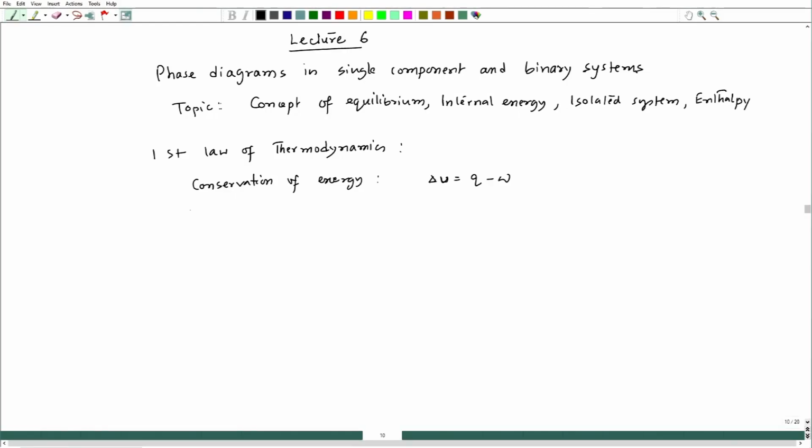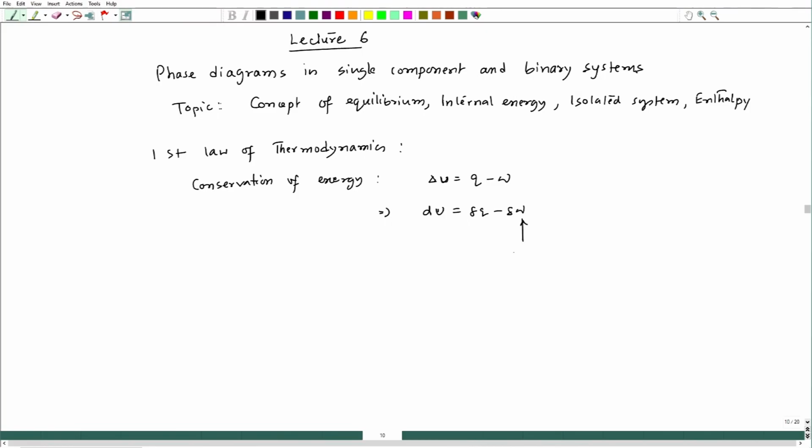Now, if I talk about Q and W and if I write it in terms of differential form, it becomes like this. Why? Because U is also a state function, we can prove that. But Q and W, these are path functions. So, that is what this differential form is written like this. Now, we take an assumption.